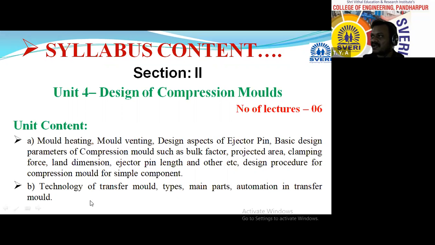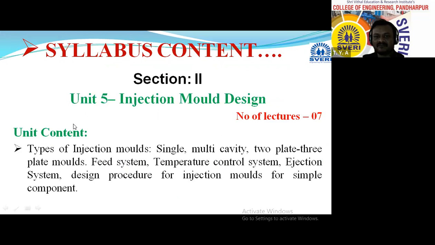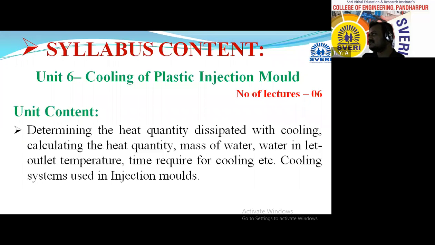And along with that, the transfer molding process we are going to discuss here. In the fifth chapter, for a given simple plastic component, how to do the design of an injection mold, that we will study here. And in the sixth chapter, which types of cooling systems are there for plastic injection molding, that we will discuss here.